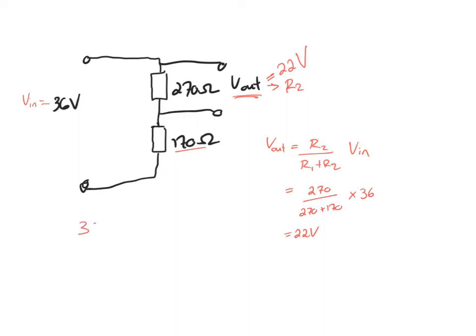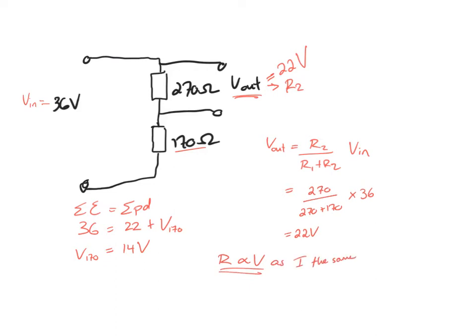So we have 36, the sum of EMF, is equal to the sum of PD, which is equal to 22 plus the potential difference across the 170. So the potential difference across the 170 ohm resistor is 14 volts, which is as expected because it has lower resistance, lower potential difference, since R is directly proportional to voltage as current is the same through both resistors.